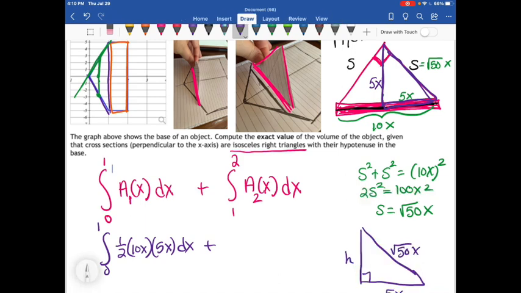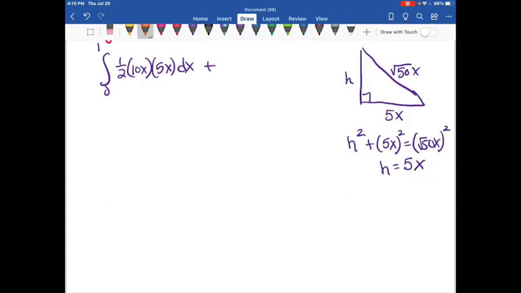Now I've got to find the cross section of the second part of that volume, which is the part that I highlighted in orange. So for the cross section that's on the orange portion, the base is not going to change. If you notice, no matter where you are on that rectangle, the base of the triangle of the cross section is going to be 10, because you come out 5 in one direction, 5 in the other direction, for a total of 10.